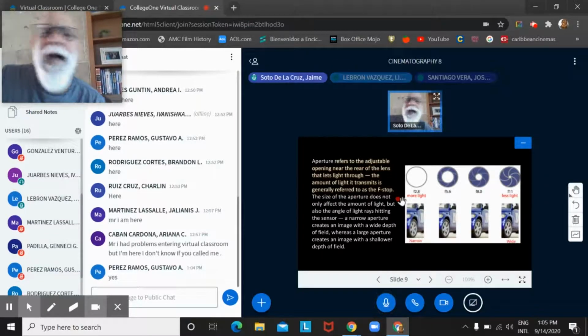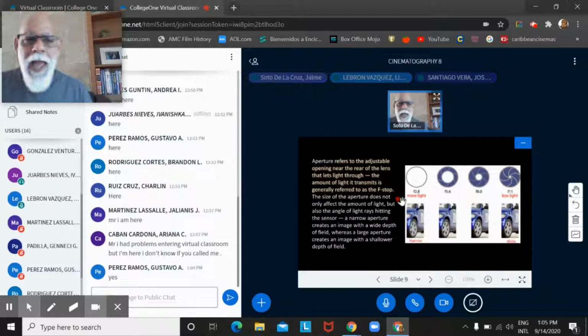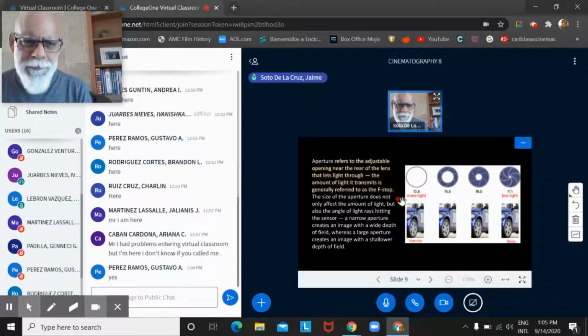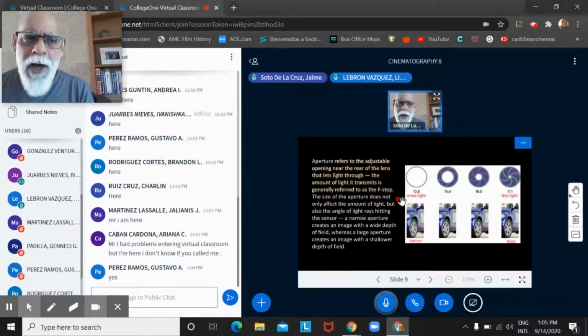Okay, let's look at how f-stop works. F-stop. The letter F refers to photon. A photon is a Greek word that means light. Light particles in physics are called photons.